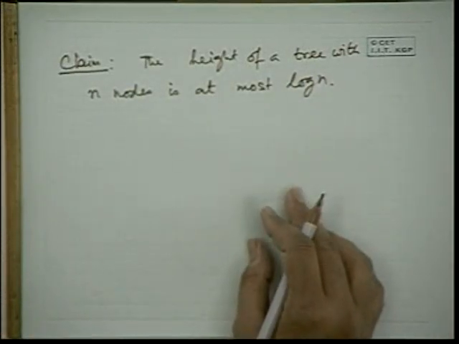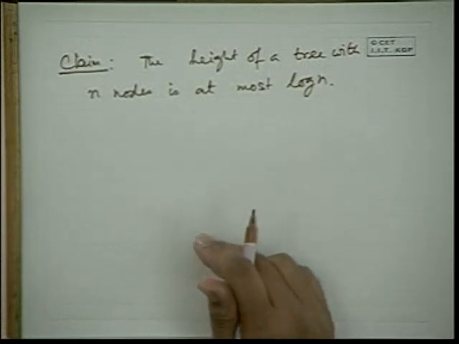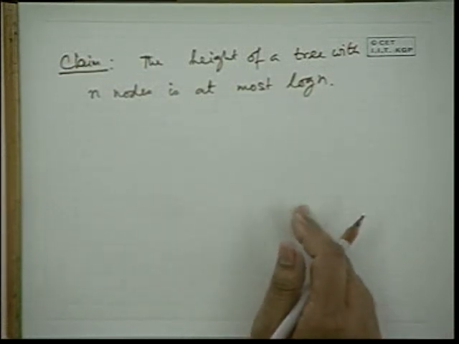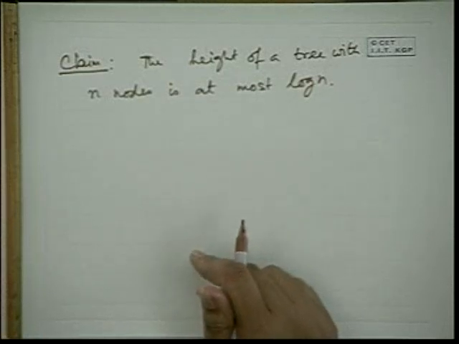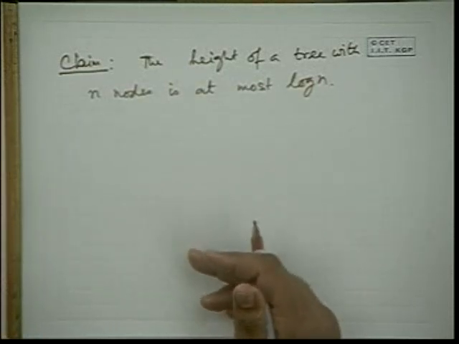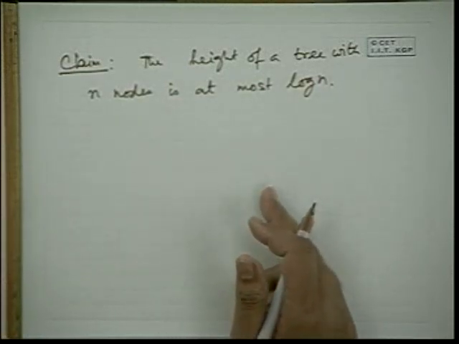Because every time you are increasing the height of a tree by 1, you are at least doubling the size. So how many times you can increase the height? Since you are doubling the size of the tree, only log n. So that is the logic.